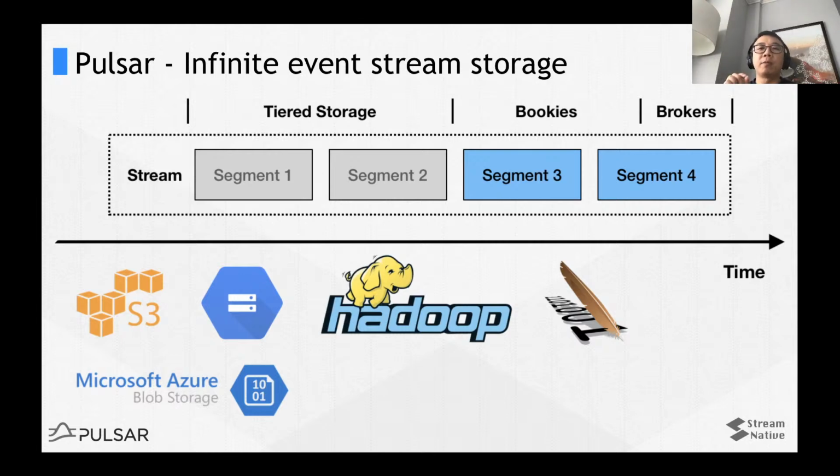For example, the latest data is cached in the broker, the warm data is stored in the bookies, and the cold data is stored in tiered storage. So you have data spread across different types of storage systems, which serves the best purpose for different workloads.